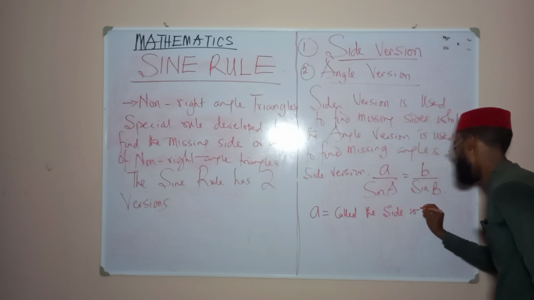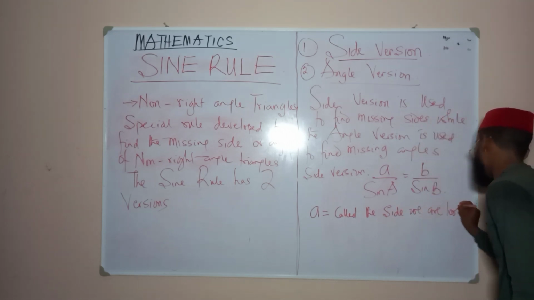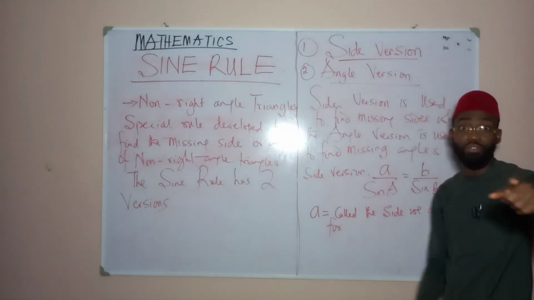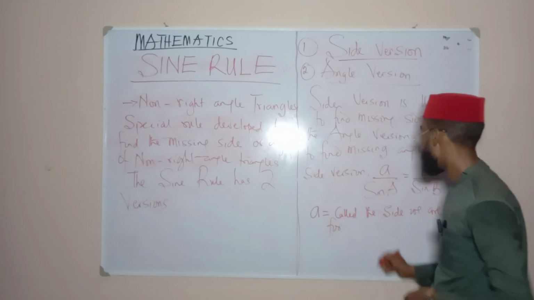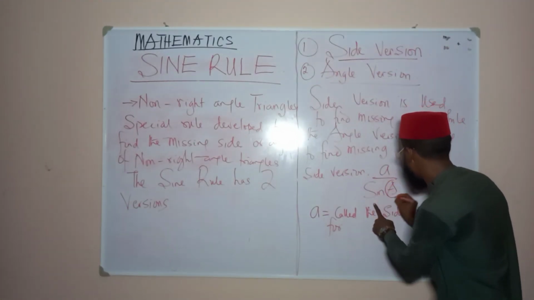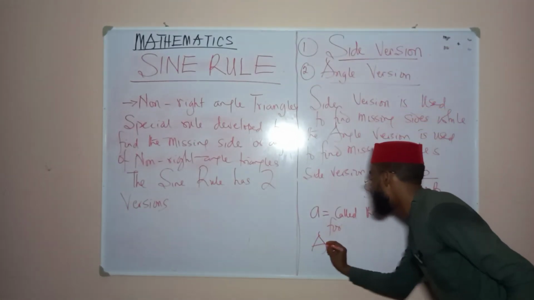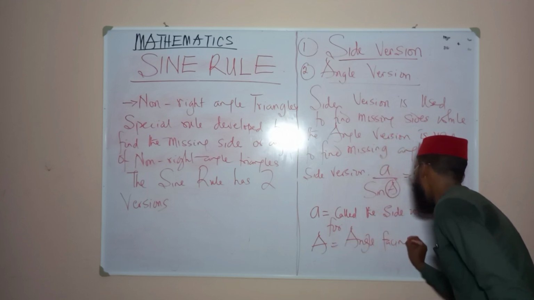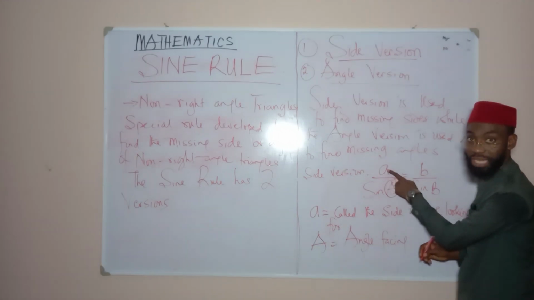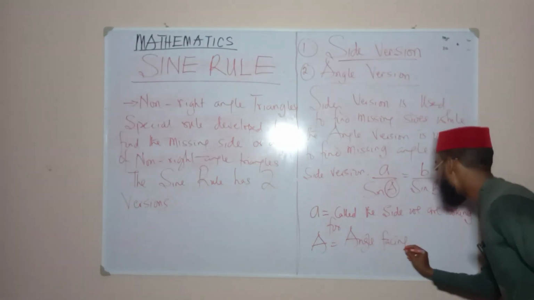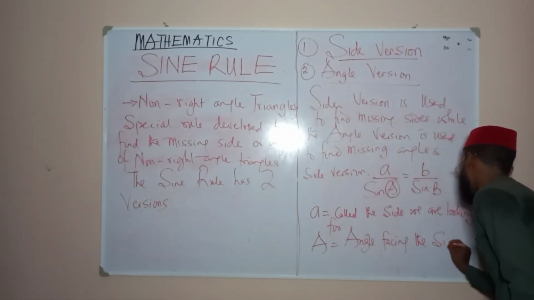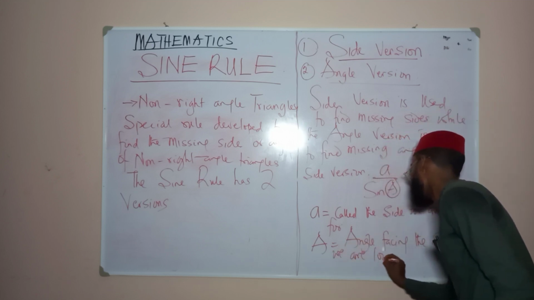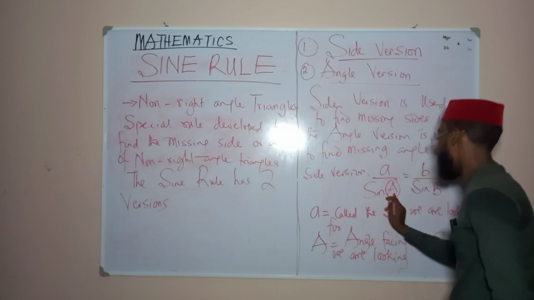Any side you are looking for, label it a, irrespective of what letter has actually been used to label that side. The capital A is the angle facing the side you are looking for, the angle facing that side.